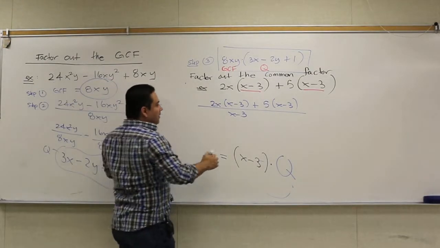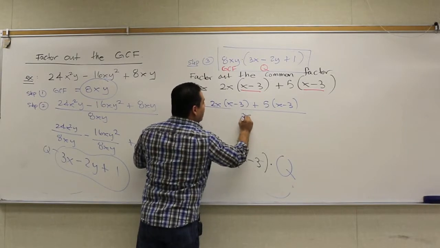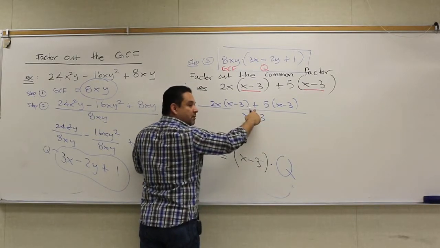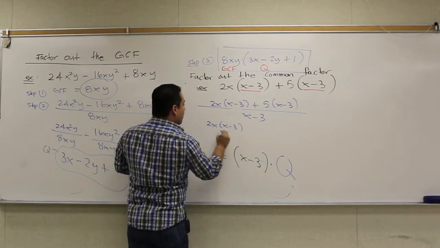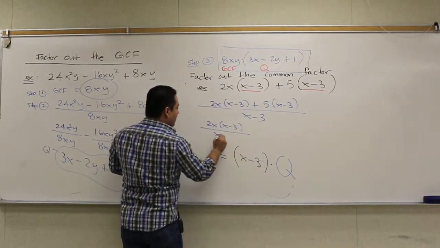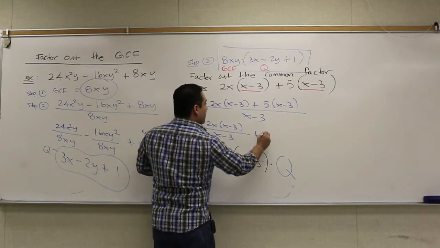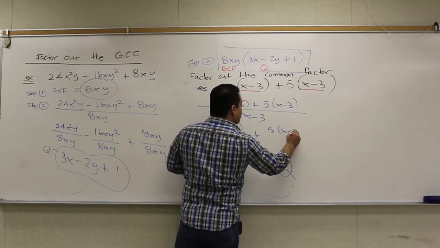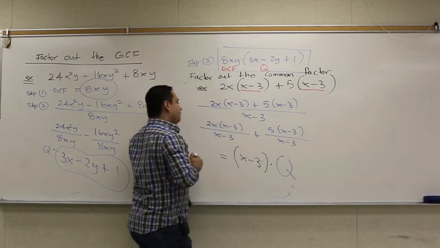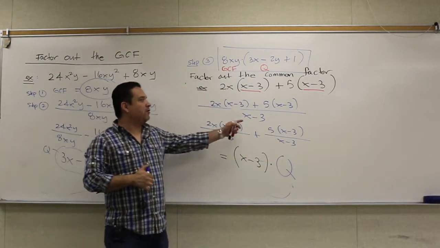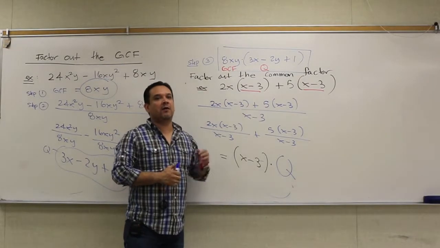We're dividing both terms. So I get 2x times x minus 3 over x minus 3, plus 5 times x minus 3 over x minus 3, because x minus 3 is dividing both terms.